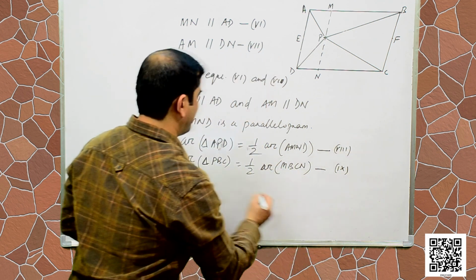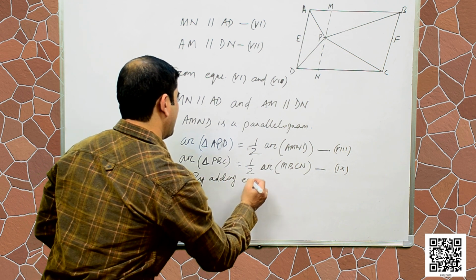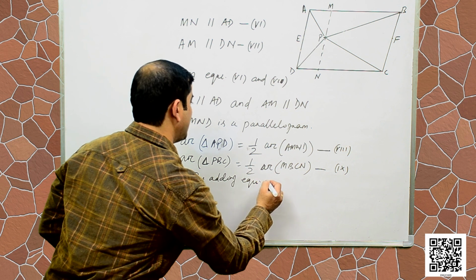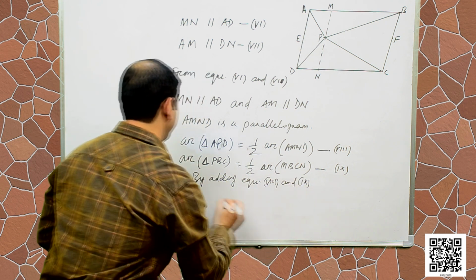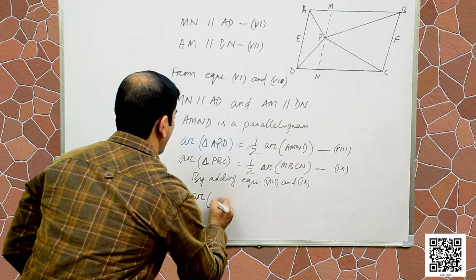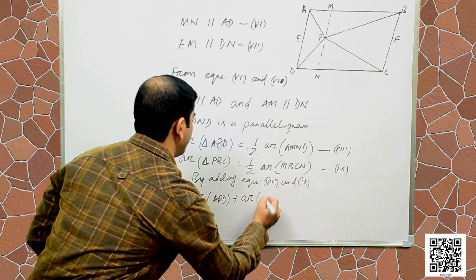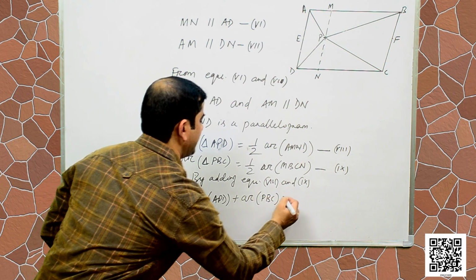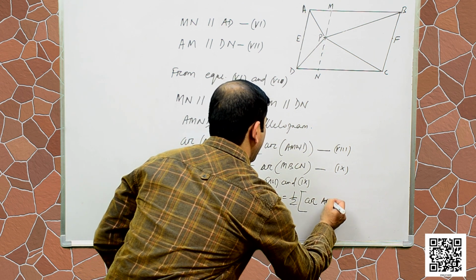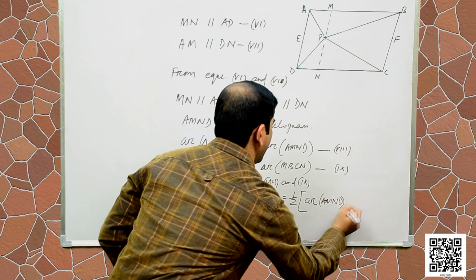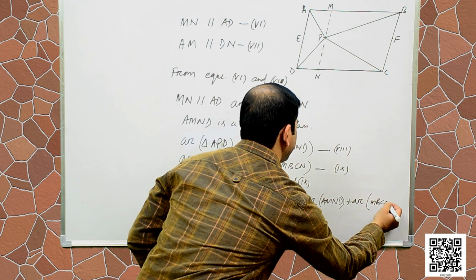By adding equation 8 and 9, we get area of APD plus area of triangle PBC is equal to half of area AMND plus area MBCN.